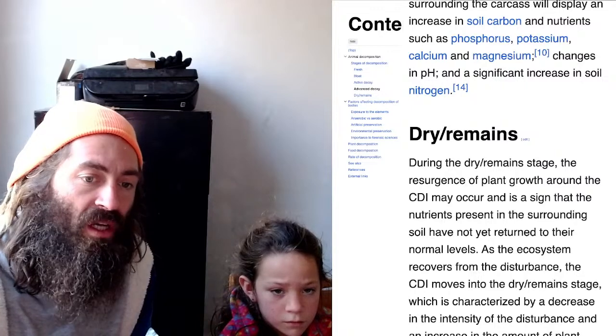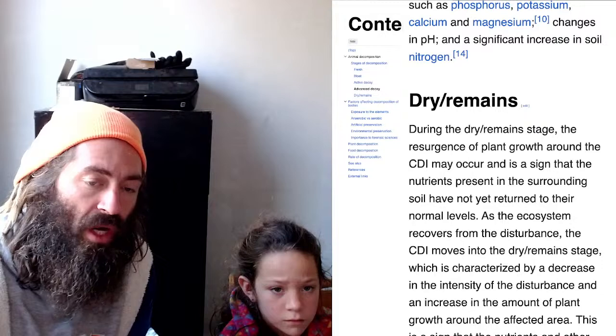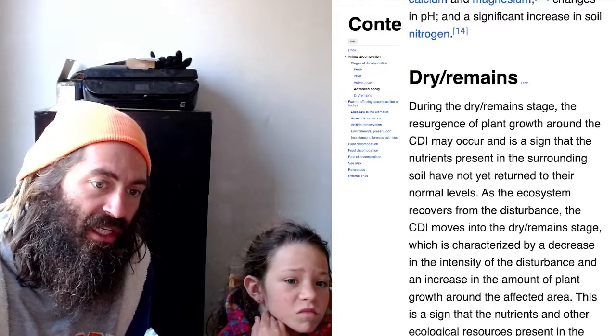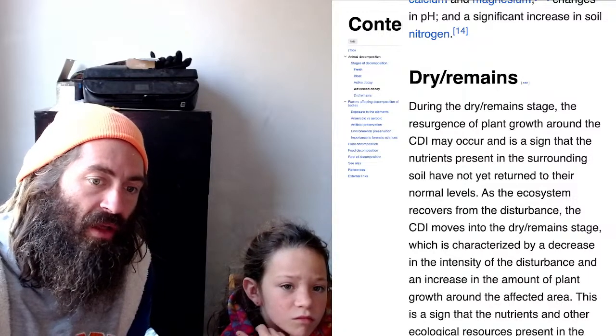As the ecosystem recovers from the disturbance, the CDI moves into the dry remains stage, which is characterized by a decrease in the intensity of the disturbance and an increase in the amount of plant growth around the affected area.